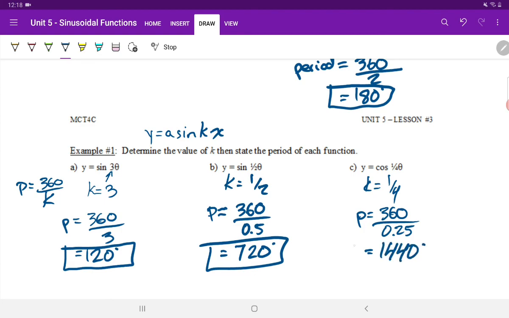So when k is 1/4, we're getting a horizontal stretch by a factor of 4. Our period is getting 4 times larger. Okay? Let's stop the video there. We're going to do part 2 to this, where I'm going to graph 2 equations.